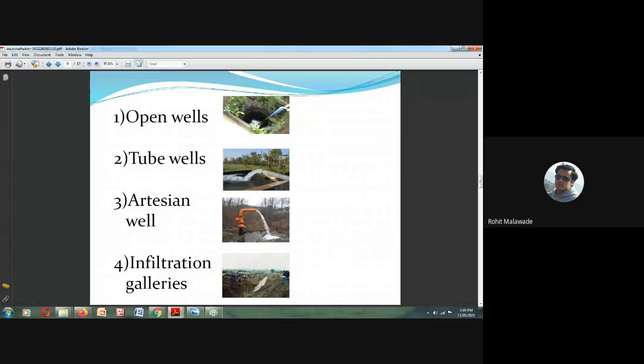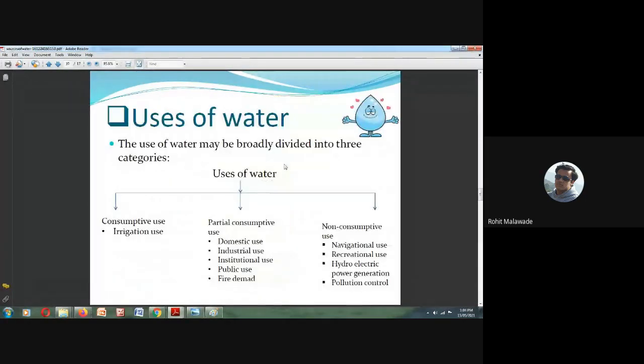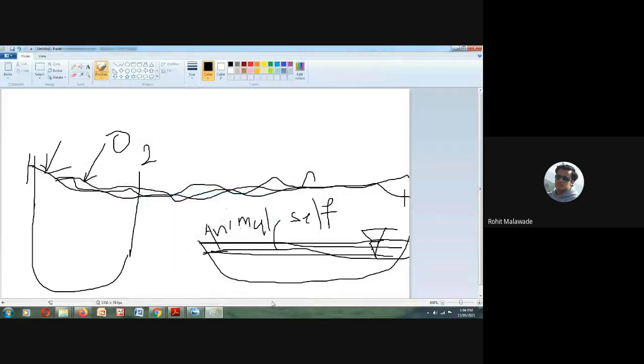Now, this is your open well, this is your tube well, then artesian well, and then infiltration gallery. We will be using open wells and tube wells in order to get this water for drinking.